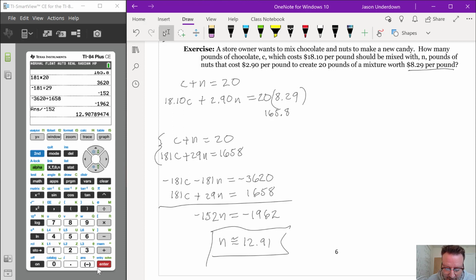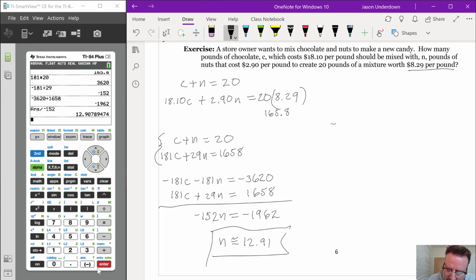To eliminate N, what do I need to do? I'm sorry, to eliminate C. Oh, no, yeah, I was right. To eliminate N, what do I need to do? I need to multiply the first equation by negative 29. And so I'm going to get this system.